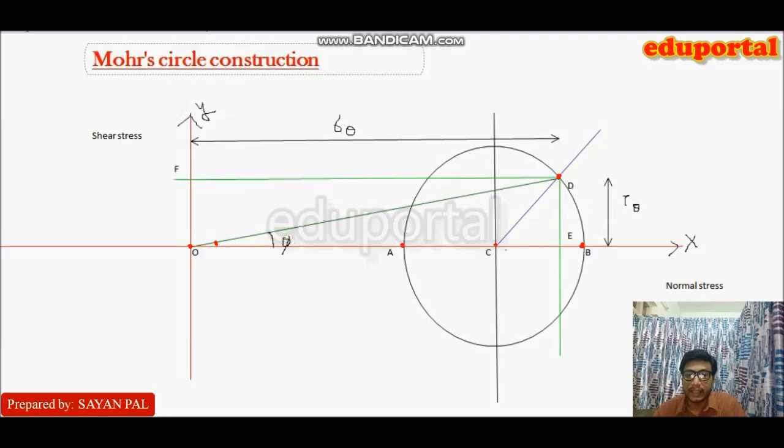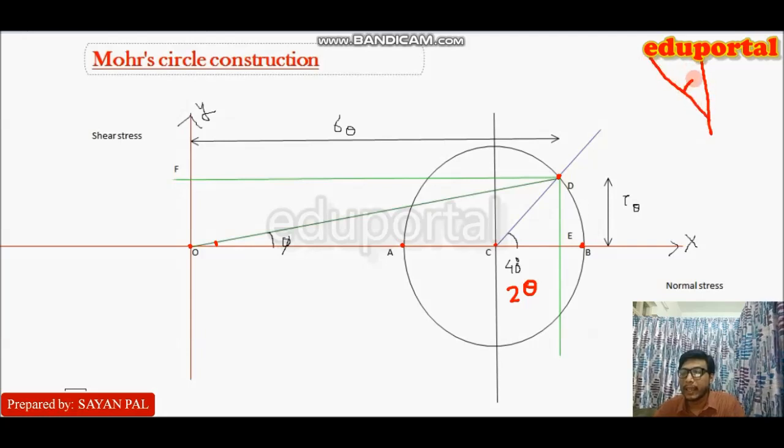This angle is phi, the angle of obliquity, and this angle is 40 degrees, which is 2 theta. If theta is the angle in the stress element, then it will make 2 theta in the Mohr circle.